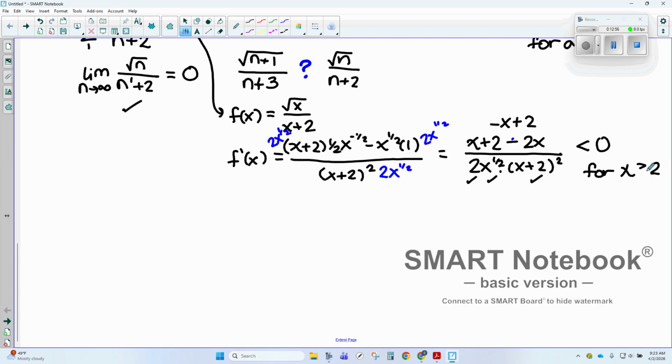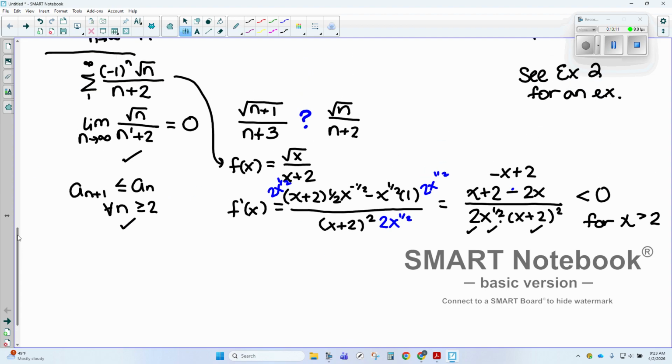Because it's decreasing from 2 on, I can come back to my second part and say a sub n plus 1 is less than or equal to a sub n for all n greater than or equal to 2. So I have now shown both criteria, to make it necessary to say that this series converges by the alternating series test.